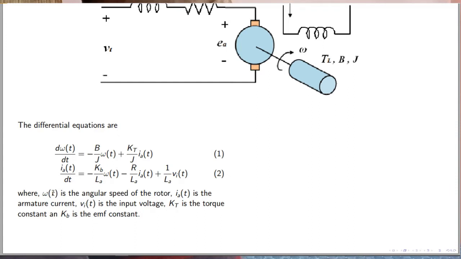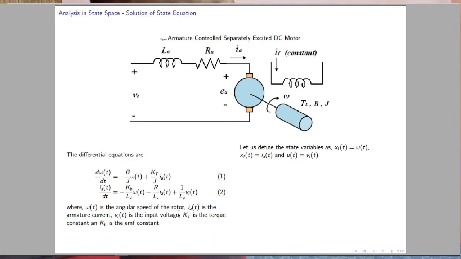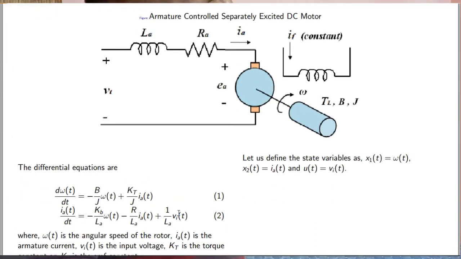Omega of t is the angular speed of the rotor. Ia of t is the armature current, and Va of t, that is this one, is the input voltage. Kt and Kb are the torque constant and the EMF constant respectively. Okay, so here are the differential equations. Now there are two variables that change with respect to time, omega of t and Ia of t.